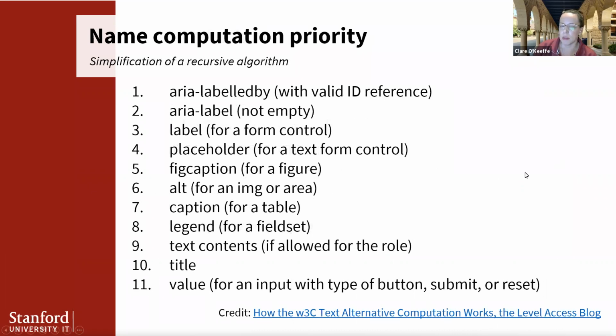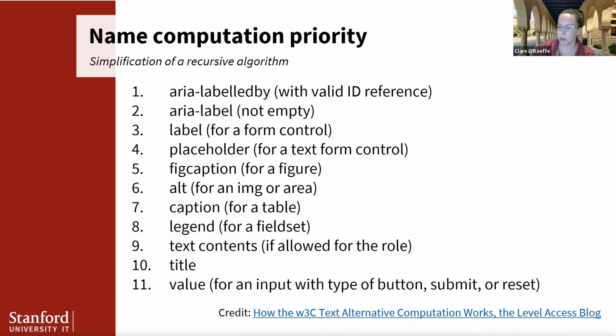So this gives a simplification of the name calculation algorithm. And this tells you the order of precedence, we'll say. So if an element can be named and it has aria-labelledby, then that is the one that trumps everything else. Whether the thing has text inside of it or not, aria-labelledby always wins. That's the top of the chain. If it has an aria-label but no aria-labelledby, then aria-label wins. That would replace any inner text or a label element.